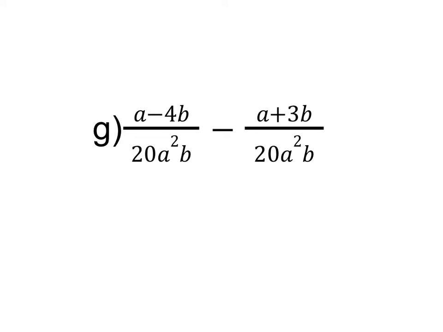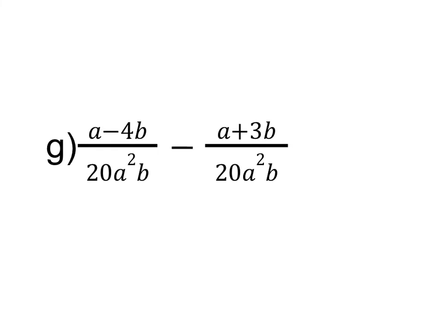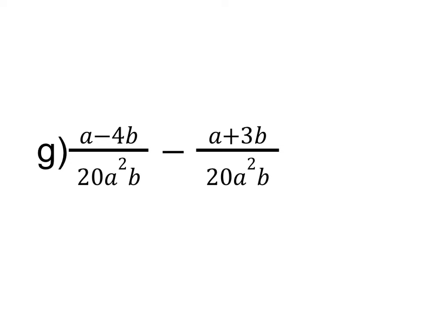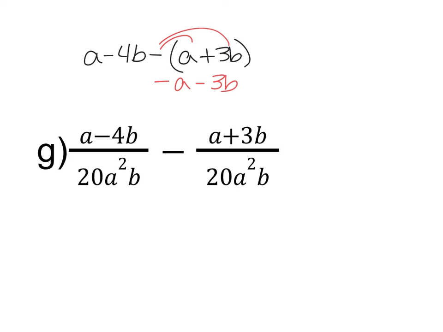Okay, next one. We have the same denominator, cool. That's what we need. And on the top we are subtracting, so we're going to have to distribute a negative, so I'm just going to write it up above: a minus 4b minus (a + 3b), that second binomial. Go ahead and distribute that negative, and you have negative a minus 3b. I'm just going to drop that down. All right, so a minus a, those are like terms, they cancel, that's 0.